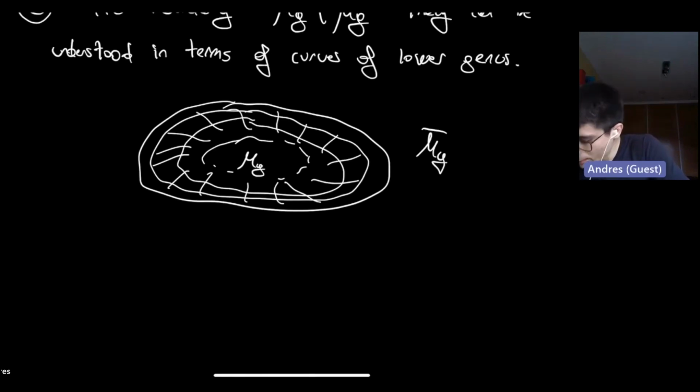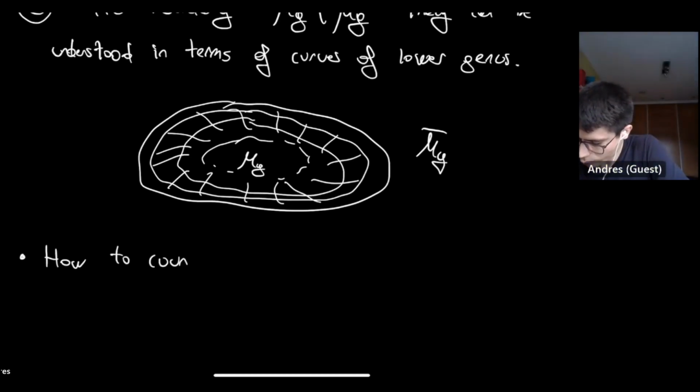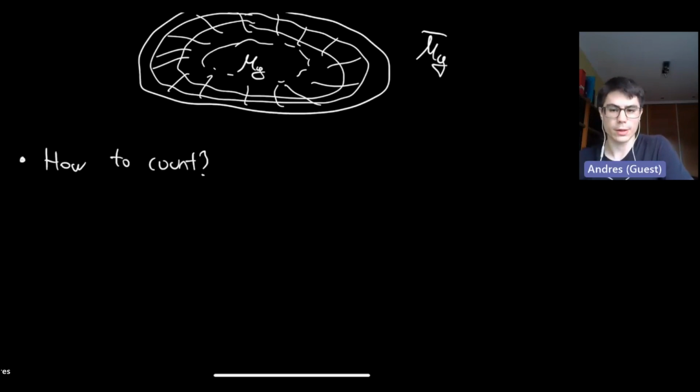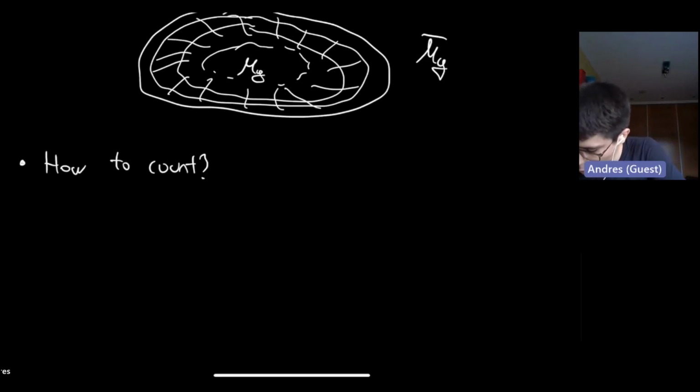Okay, so maybe we can come back to the original question that we had, which was how to count. And now actually this compactification provides us with some kind of answer to it. A way of measuring how many complex structures we have would be computing a volume.